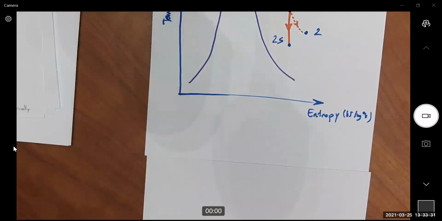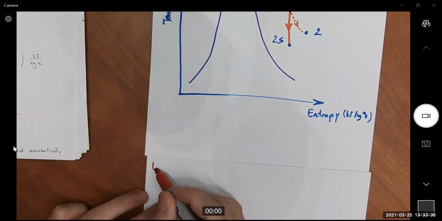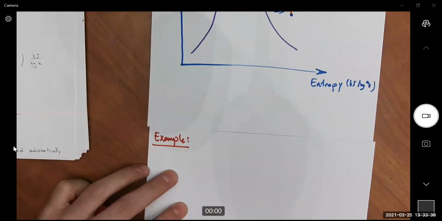Okay, let's solve one more problem. Example.